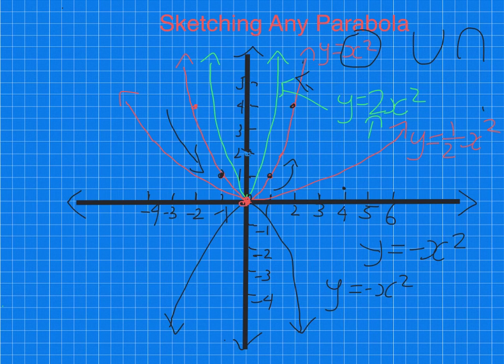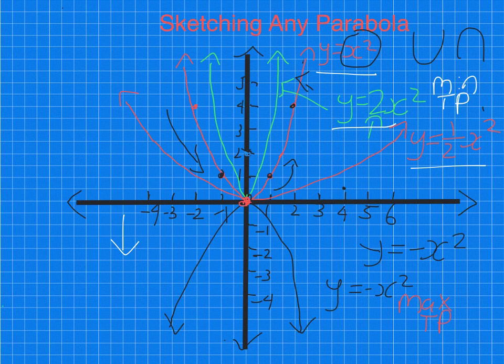But instead of being the minimum value that y can take, it's now the maximum. So this one has a maximum turning point, whereas all these ones up here, they all had a minimum turning point. So when we say minimum or maximum, we're talking about y values. So in all of these ones up here, y equals x squared, y equals 2x squared, y equals half x squared, you can see that there were no points down here.